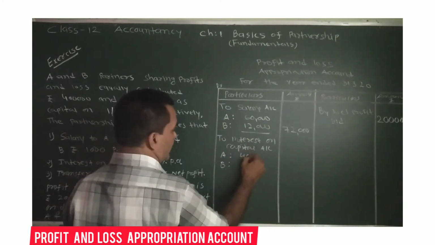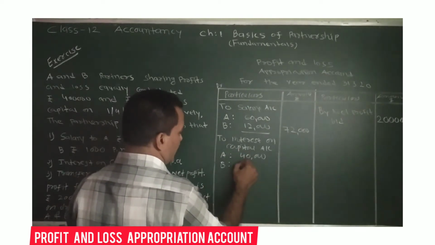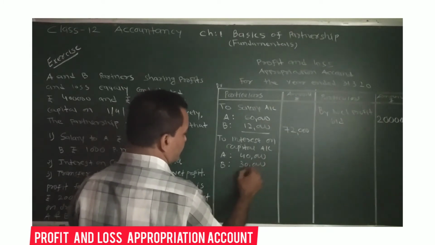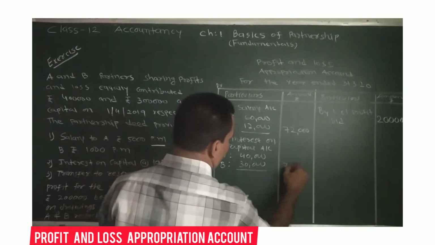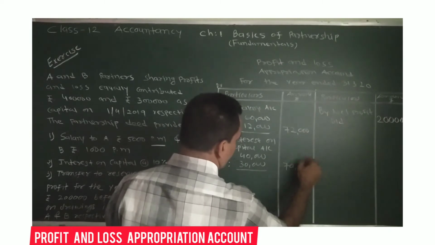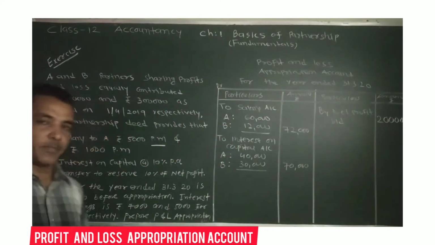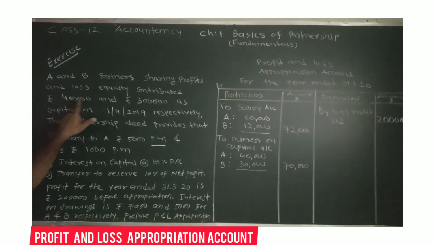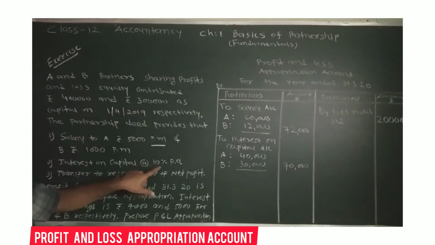For A it is 40,000 and B 30,000. So 70,000 rupees interest on capital. Opening capital is given, so directly 10% of opening capital.